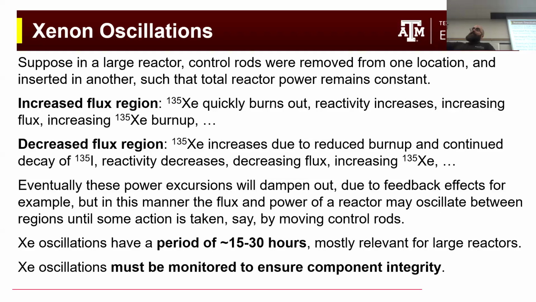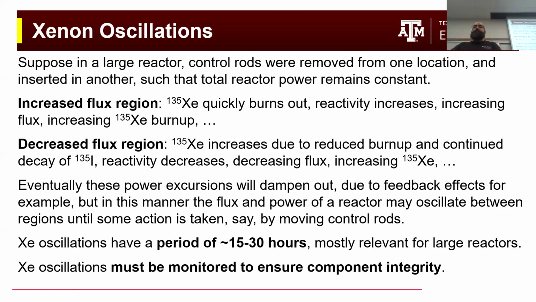But now you've got one place where you've removed the control rod, so your reactivity would go up. That would be your increased flux region. And where you've inserted the control rod, your reactivity has gone down. That would be your decreased flux region. In the place where you have a higher flux, the xenon gets more quickly burned away.